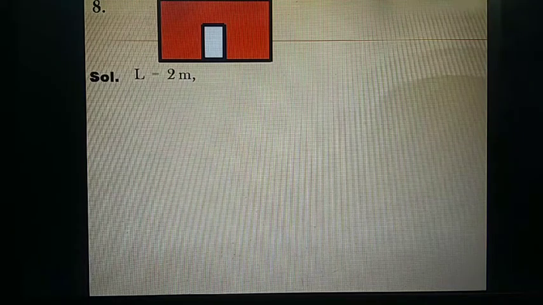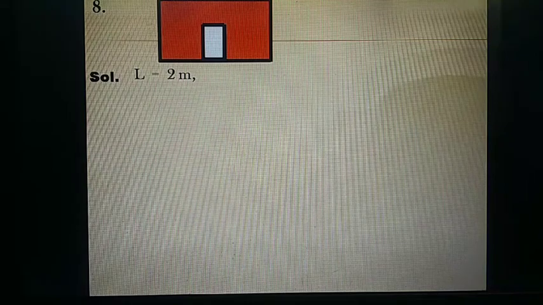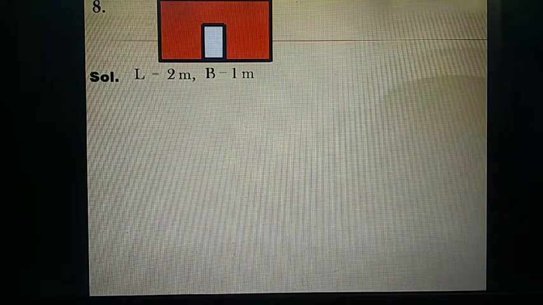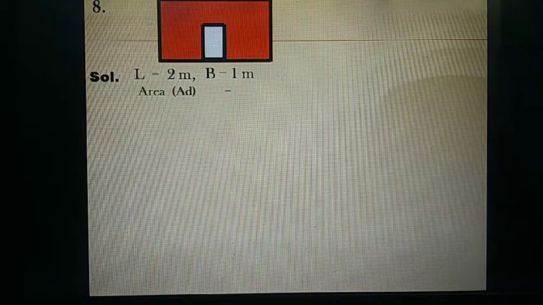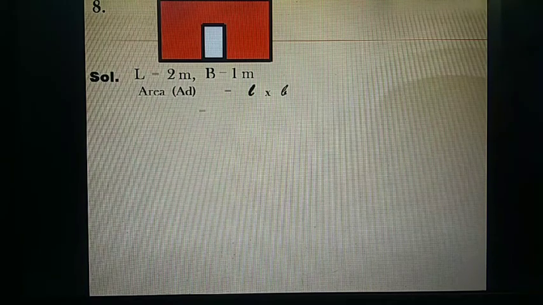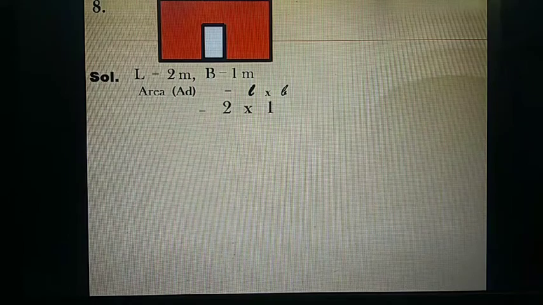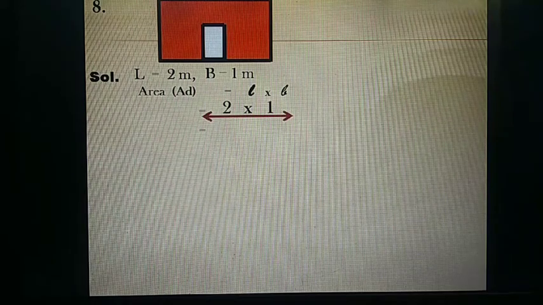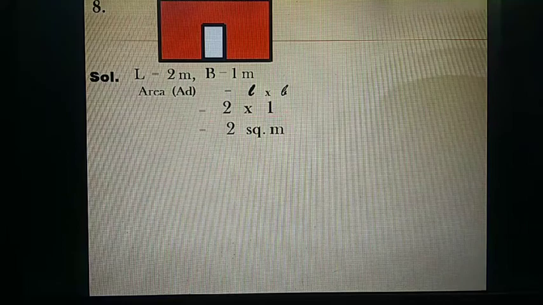So we have to remove the area which is covered by this door to get the area which is to be whitewashed. So first we will find area of a wall and then area of a door. Right now I am considering door here first. Area of a door will be length into breadth, which means 2 into 1. That is 2 square meter.